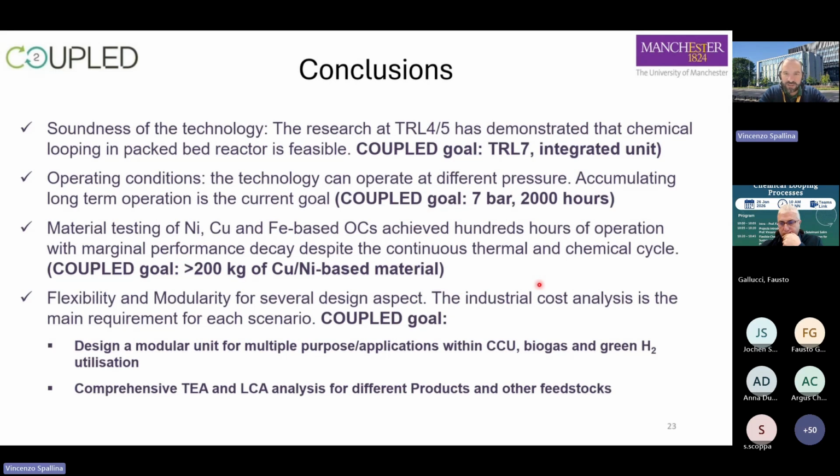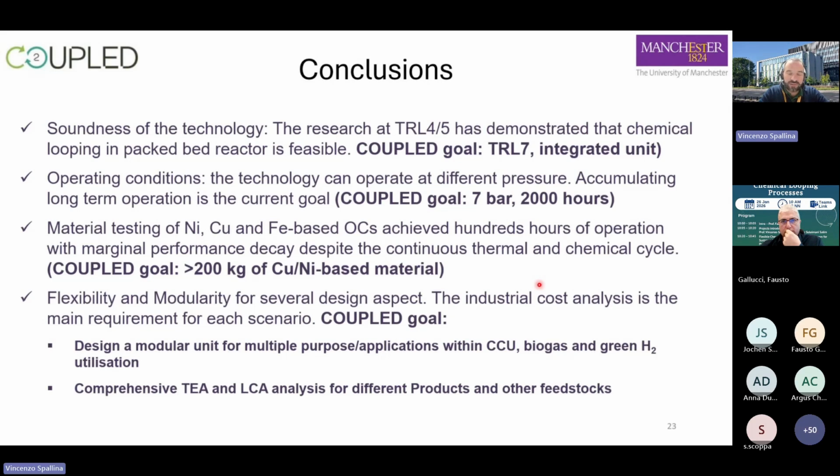And another point is that while chemical looping reforming has historically been used for hydrogen production, we see that there is also an avenue for CO2 utilization, and in particular, we believe syngas generation is a key point because it's a way to detach chemical looping technology development from CO2 capture and storage technology.